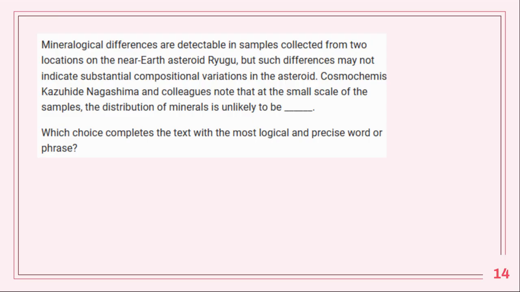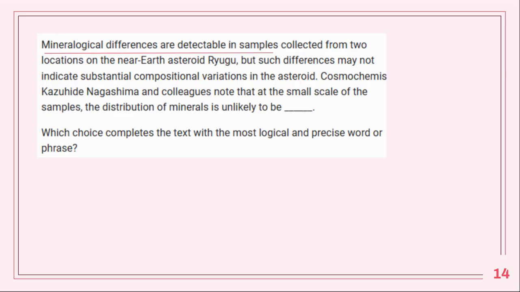So we were talking about this asteroid, and we're saying that we took two samples from near the location of this asteroid, and in those small samples, we're seeing mineralogical differences. So some sort of difference between the samples, maybe because we're collecting them from two different places, right?